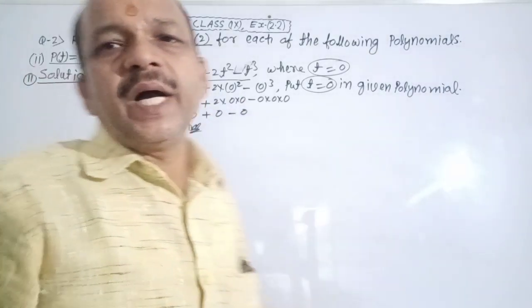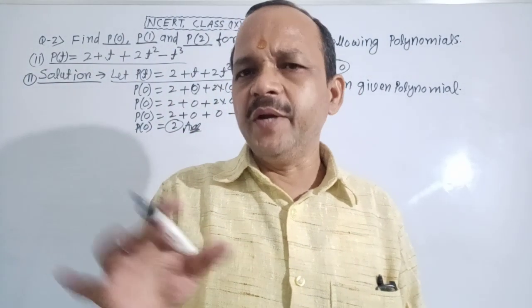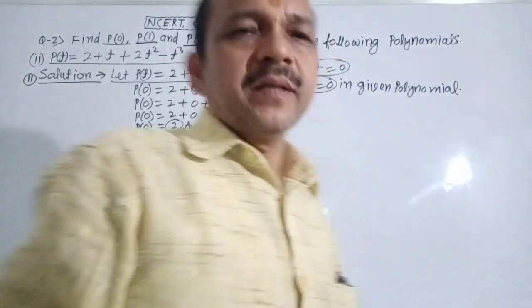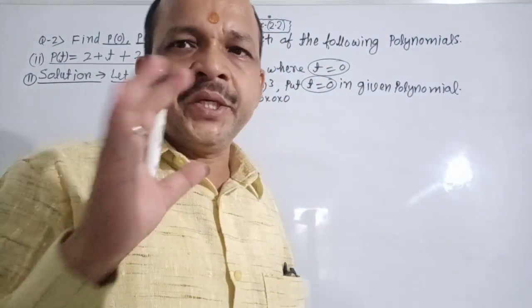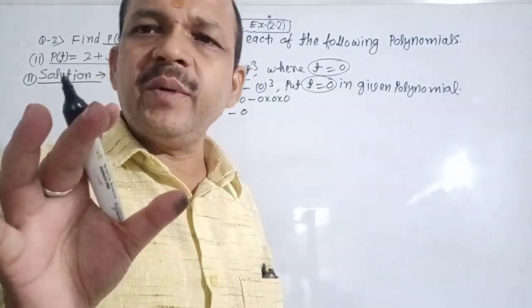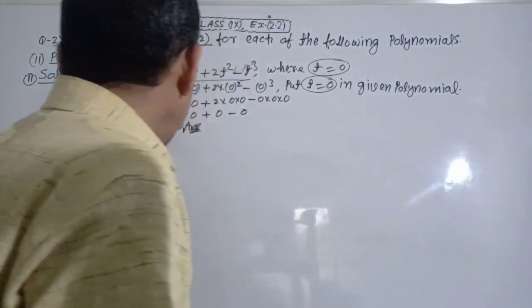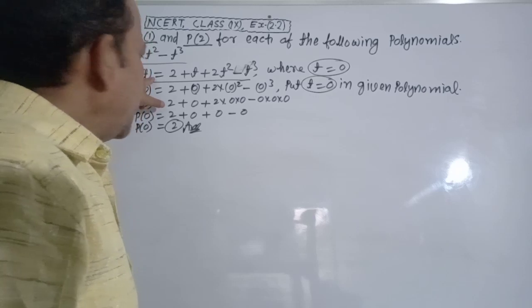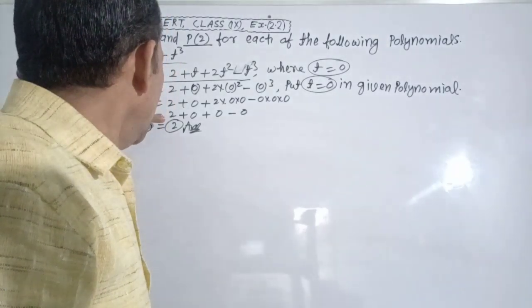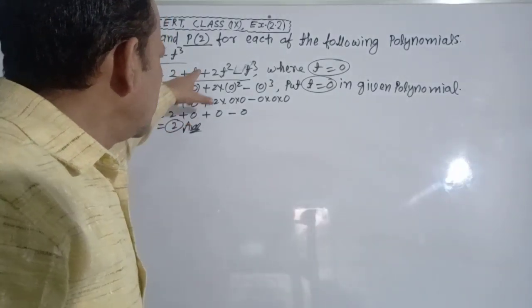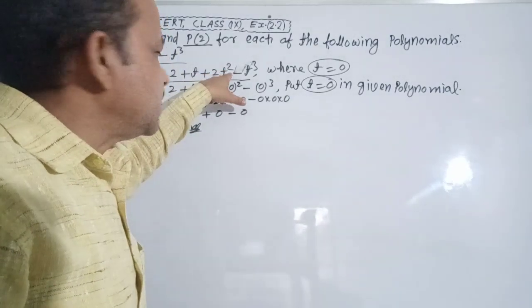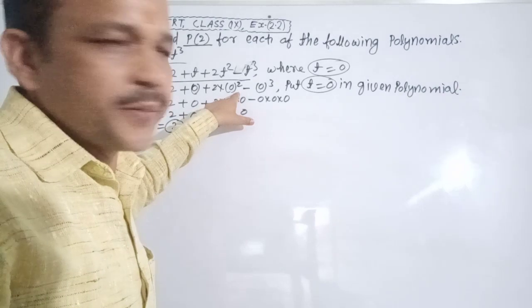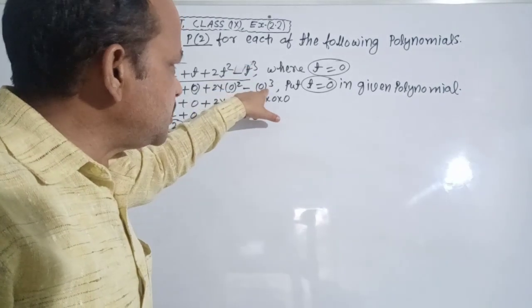It means you find the value of the given polynomial by putting the value of t equal to 0. It is clear? No confusion about it? Very good. Here the value of t is 0. Here 2t square means 2 multiplied by 0 square. Here t cube means 0 cube.